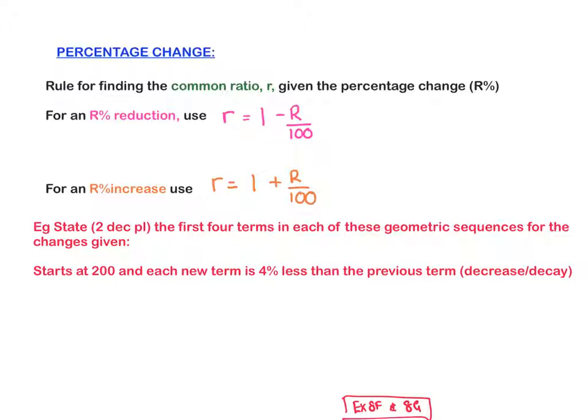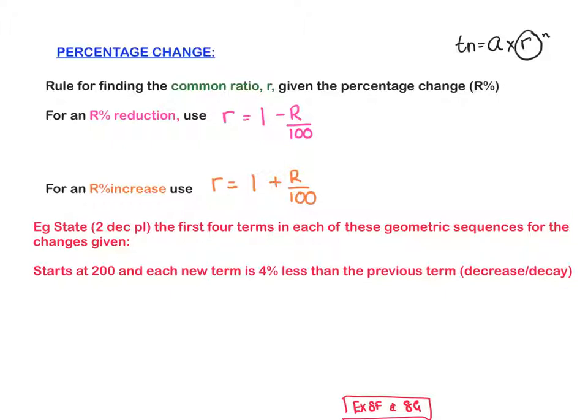So can you see when you're trying to find that R value, so if you think back to that rule on the other page, remember we had Tn equals A times R to the power of n, whatever. Okay, so this is how we can work out R if it's a reduction.